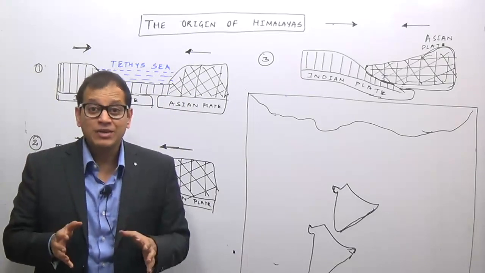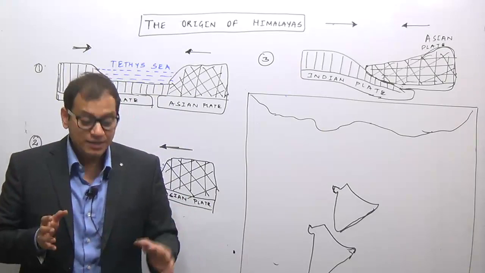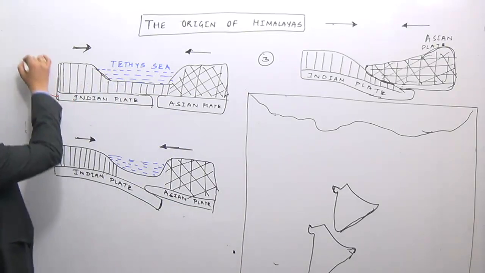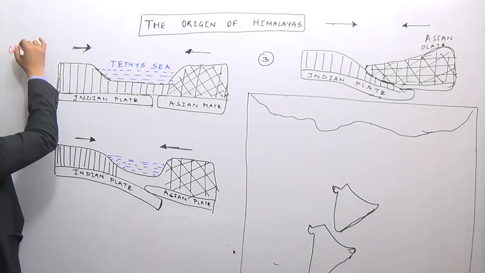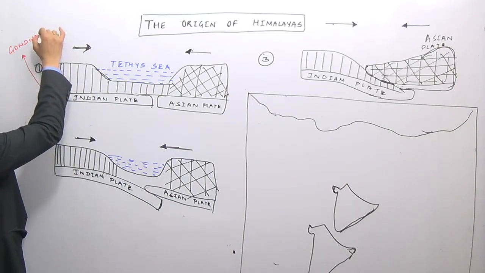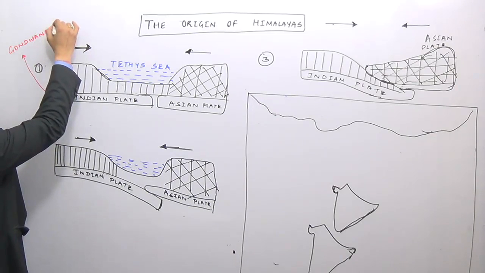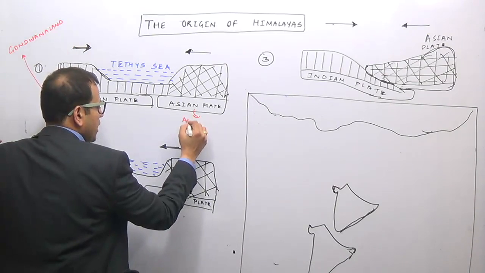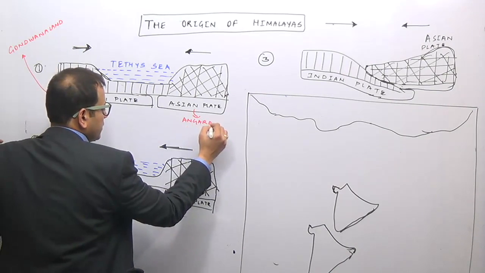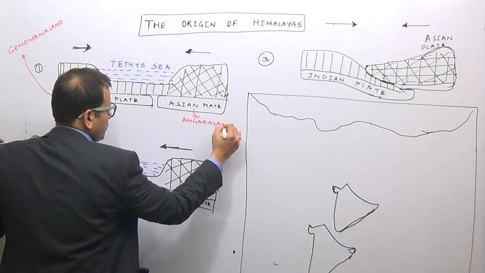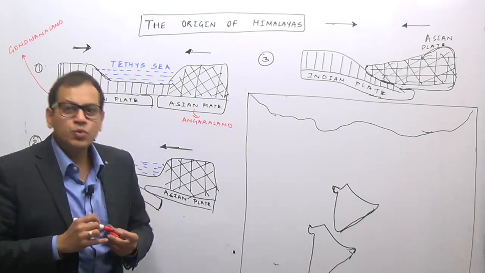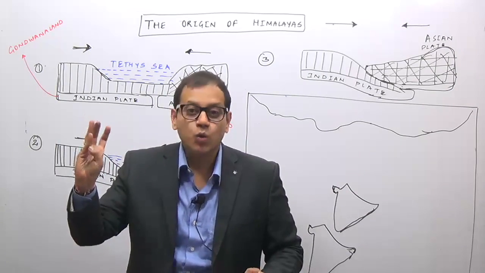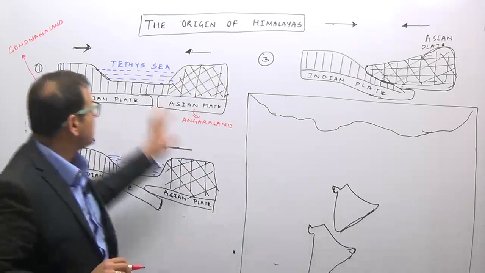The Indian plate was a part of Gondwana land, while the Asian plate was a part of Laurasia or Angara land. And the two plates were separated by a narrow, shallow sea, which was known as the Tethys Sea.